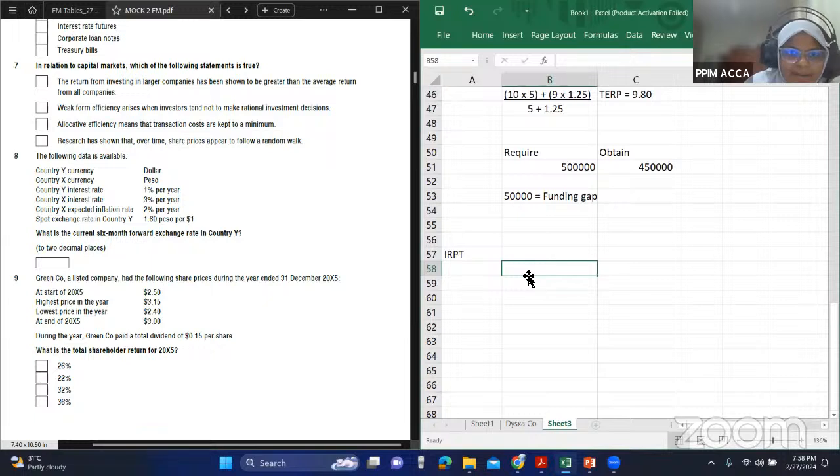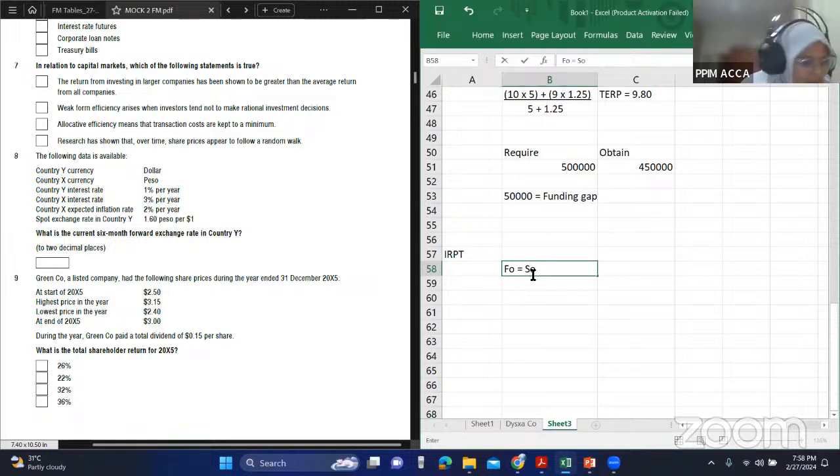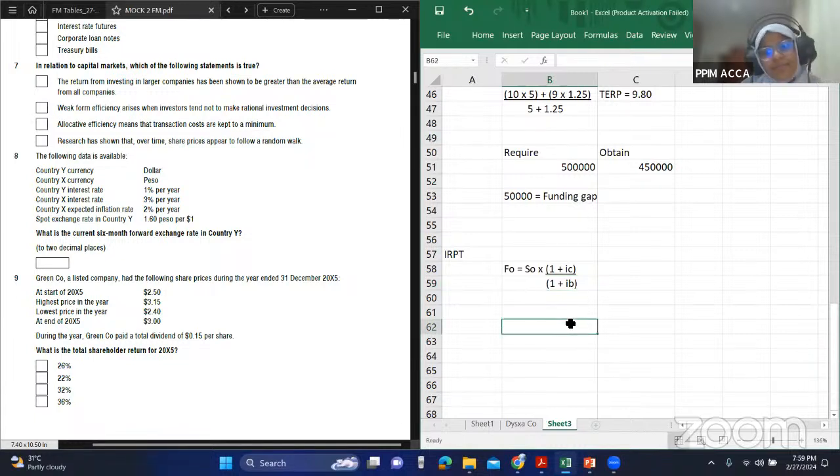Okay, interest rate parity. You shouldn't have a problem because the equation is already given to you. The forward rate F0 equals the spot rate S0 multiplied by 1 plus the interest of the counter currency, divided by 1 plus the interest rate of the base currency.